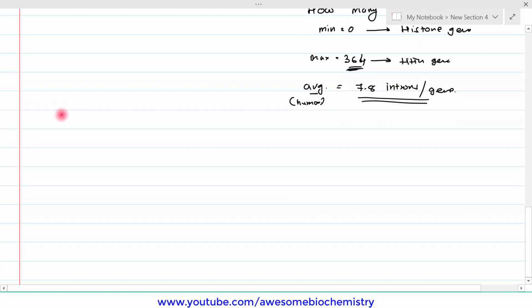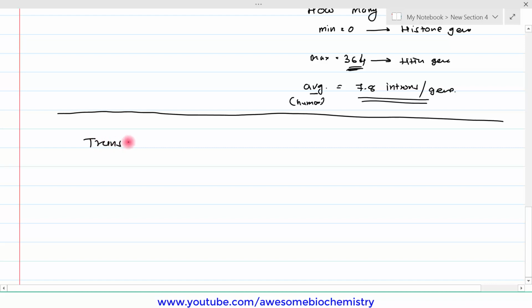Okay. Now let us talk more about transcription and its modification. We know that in transcription, 3 major steps occur. First, initiation occurs. Then as a second step, elongation occurs. And the third step, termination occurs.